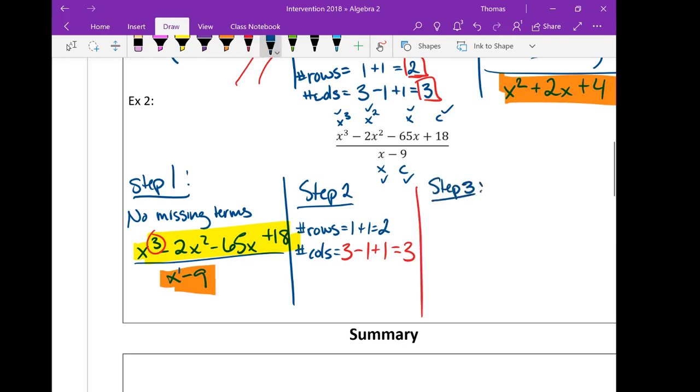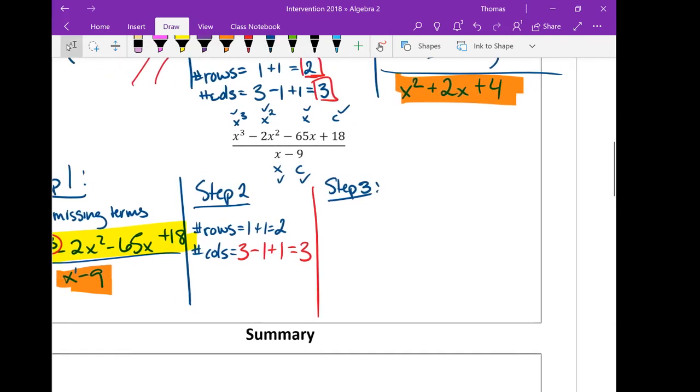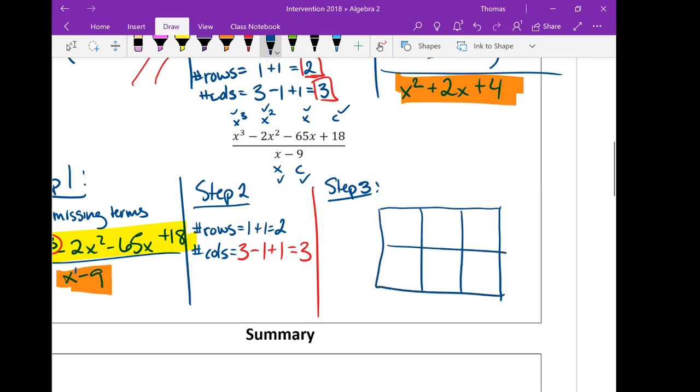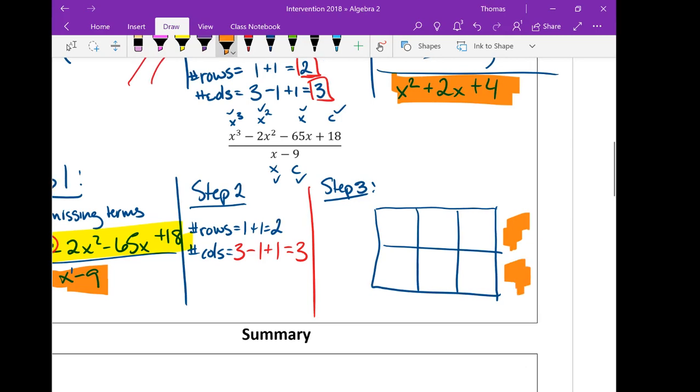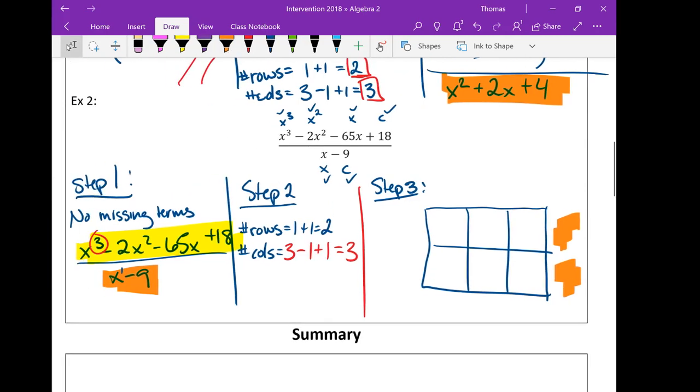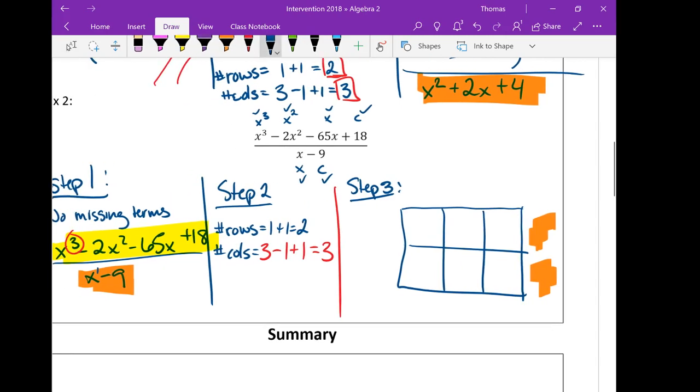Step 3, we make our box and fill it in. Again, 2 rows, 3 columns. Our boxes don't have to be perfect. The bottom term, the denominator, goes over here. So the orange denominator, the x minus 9, is going to be filled in these orange spaces over here.